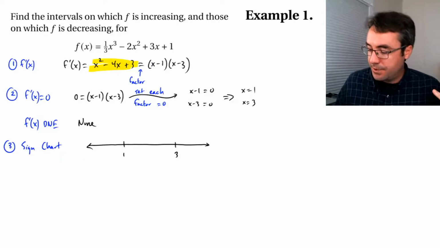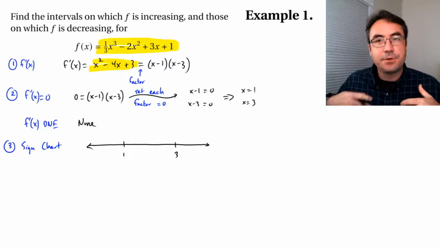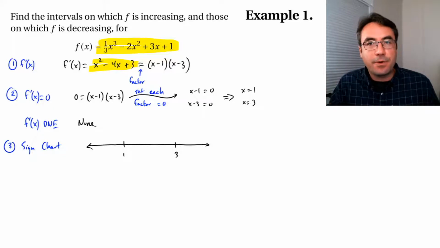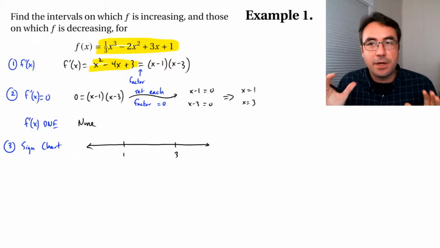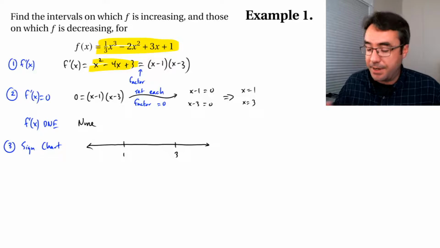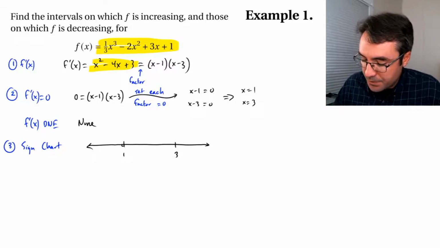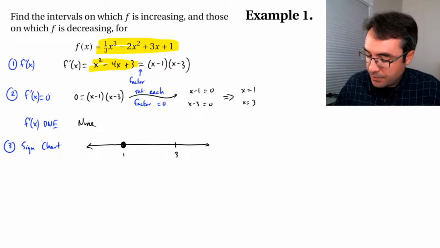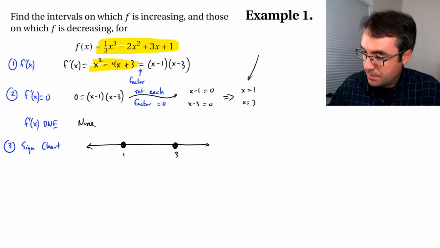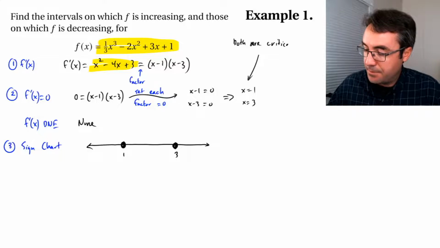So, here's our original function. There's no division by 0. There's no square roots. There's no natural logs. So our function is always defined. So these are actually critical numbers. Both of these x values that we found are indeed critical numbers because they're in the domain of our function f.